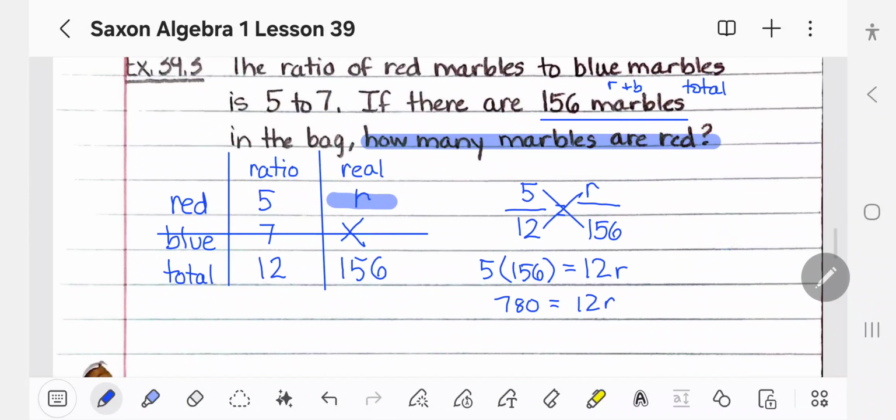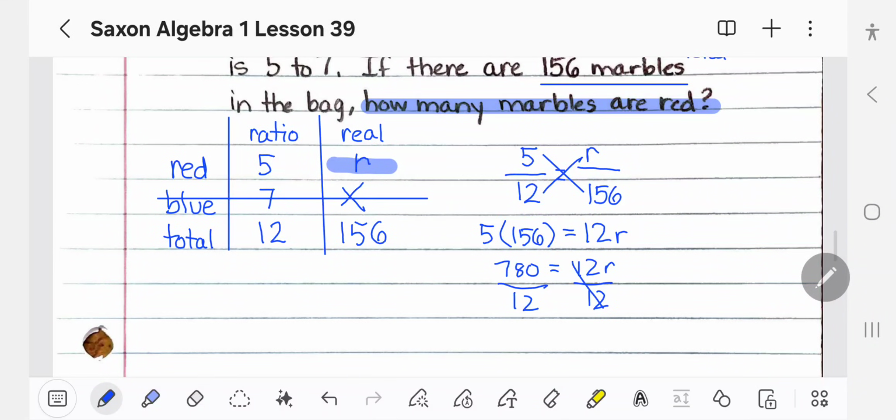Now I see that I need to divide both sides by 12 to get the R by itself. And when I do 780 divided by 12, I get 65. So now, what is 65? Well, I can go back into my chart and see that I used the letter R to represent the number of real reds in the bag. And that would be 65 reds. And that would be your answer to this problem.